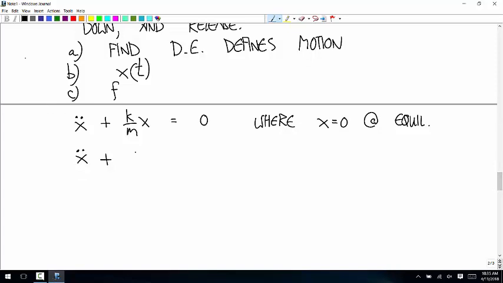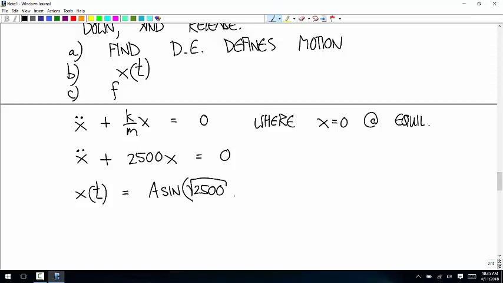Right. So 2500 x is equal to 0. And so the general solution is equal to a times the sine of the square root of 2500 times t plus phi.